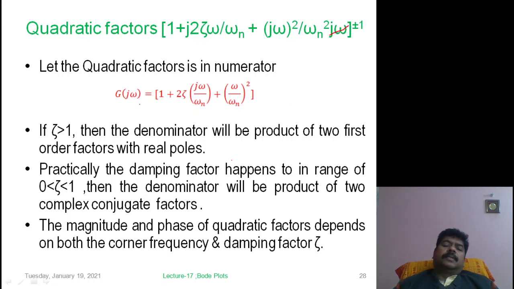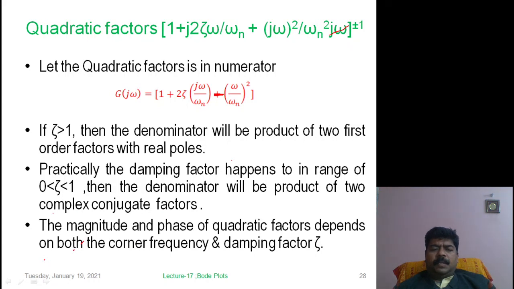You can write this factor as 1 plus twice zeta j omega by omega n, and again a minus sign, minus omega by omega n whole square. If zeta is greater than 1, that will result in real poles, two first order factors. In the practical case, zeta is considered between 0 and 1, so that will result in complex conjugate factors.